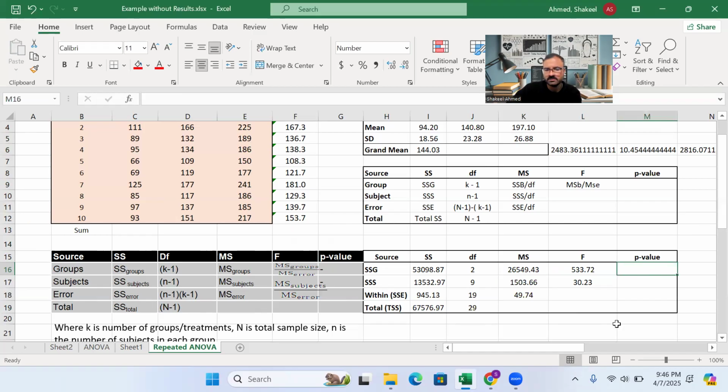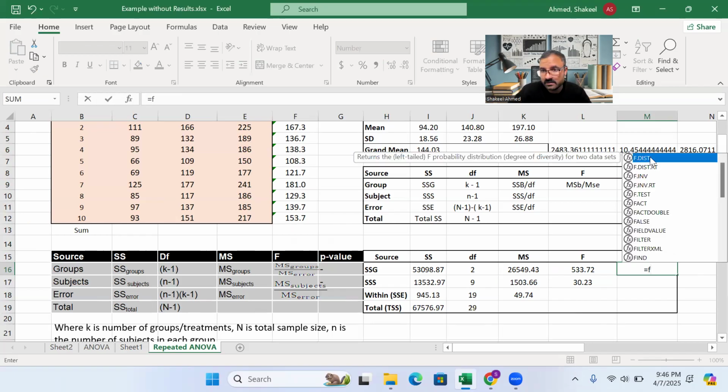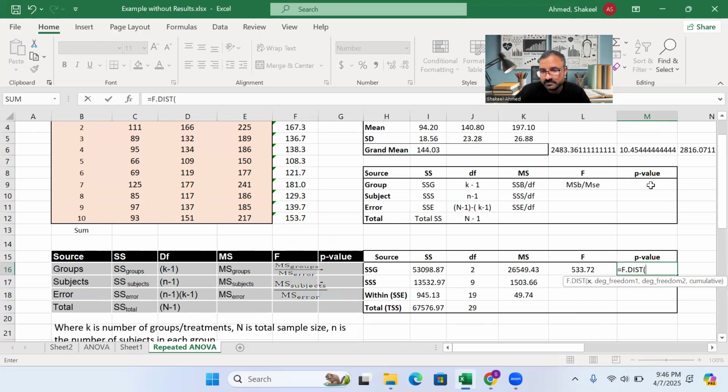And you can find the p-value using the F distribution with this value, degree of freedom 1, that is 2, and degree of freedom 2, that is 19.